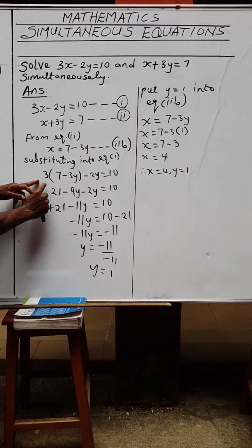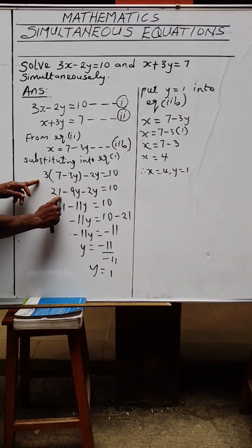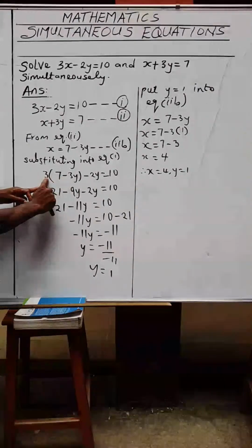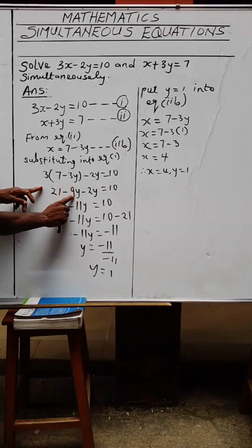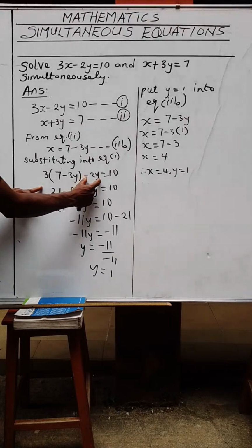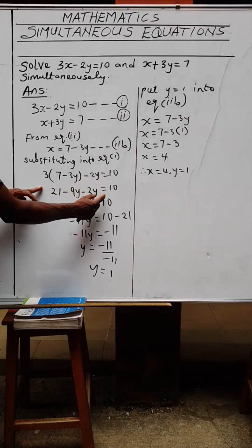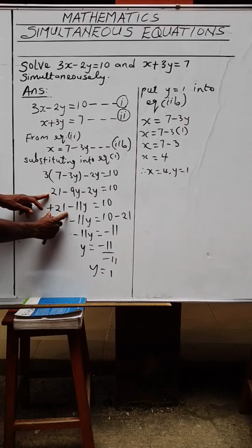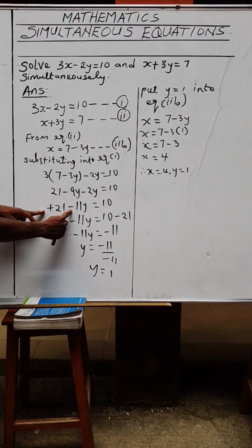When we clear this bracket, we're going to have 3 times 7, and that is 21. Then minus, this minus will come here, 3 times 3 is 9, then we have our y here. Then repeat this minus 2y here, and every other thing can be brought down. It's that simple. Then here, this is 21 brought down, then minus.